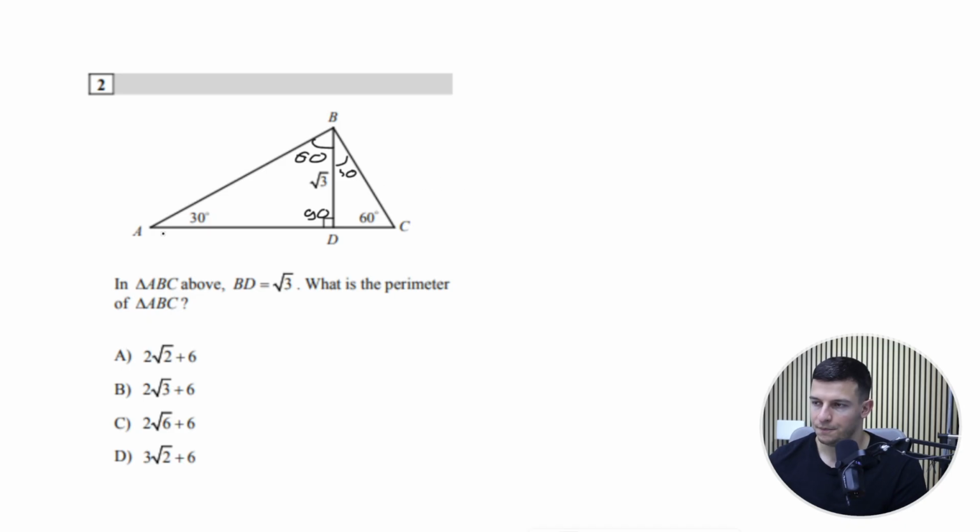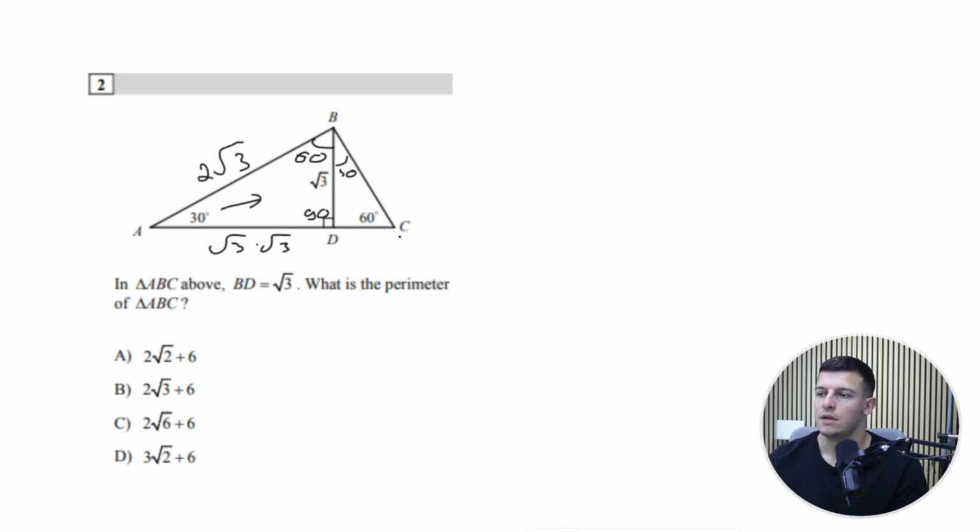So what do I know? I see that the side BD, which is in front of 30 degrees, is equal to square root of 3, which means the hypotenuse is going to be 2 times that, and AD is going to be square root of 3 times square root of 3. Okay?